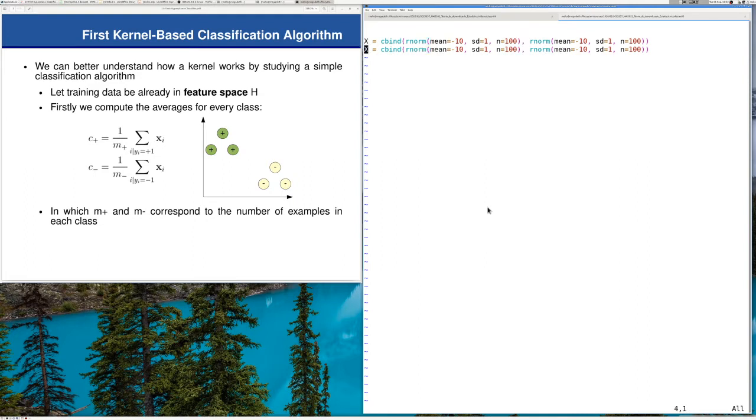In the next line of code, let's concatenate along the rows of X a different bidimensional Gaussian function. This one will have the mean equals 10 and mean equals 10, also with 100 observations here, 100 in here.